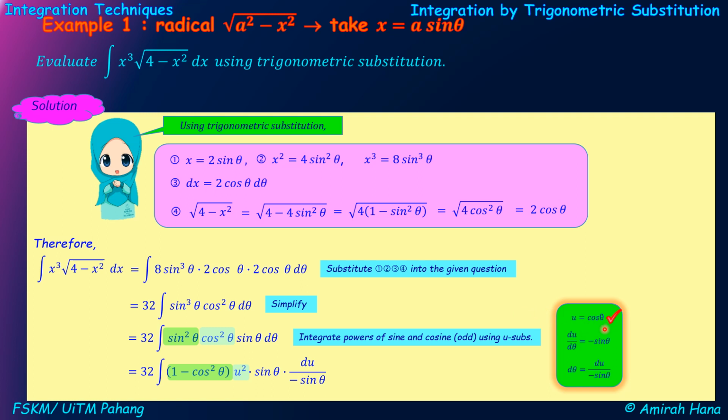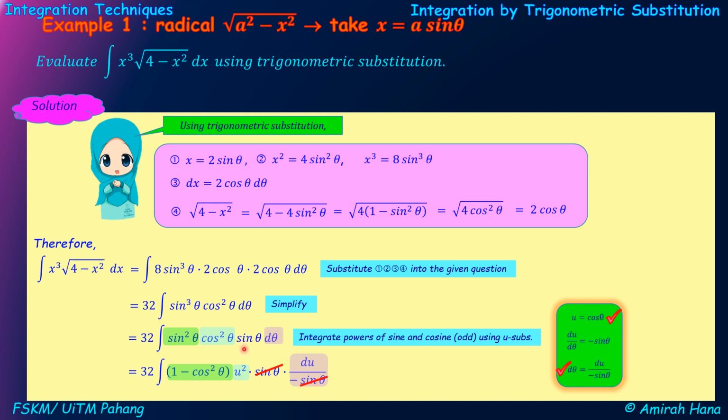From u equals cos theta, we can write cos squared theta equals u squared. And from d theta equals du over negative sine theta, we can replace d theta with du over negative sine theta. Alright? And after that, we can simplify sine theta and sine theta in the denominator.